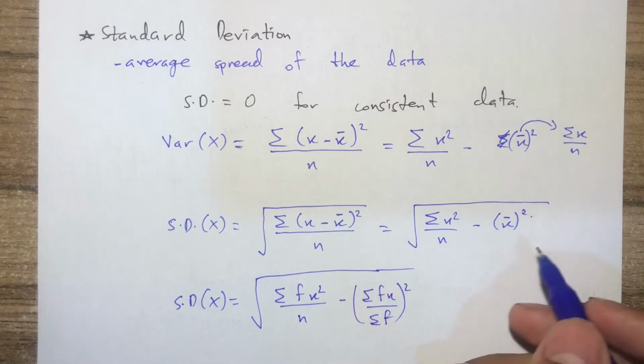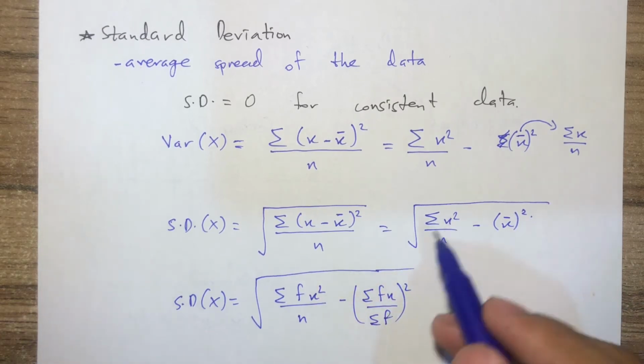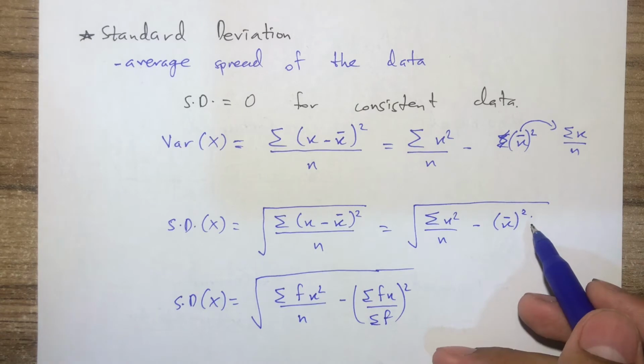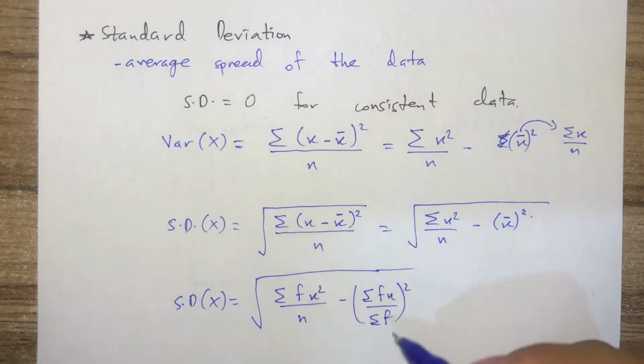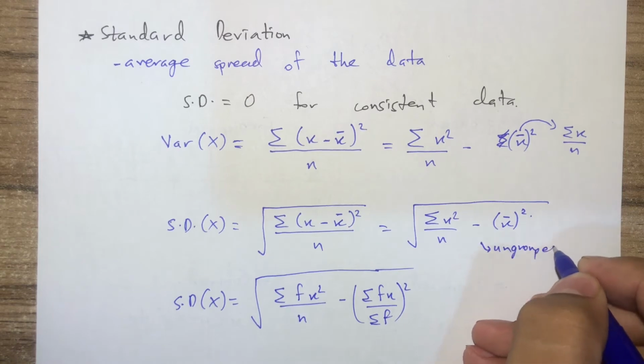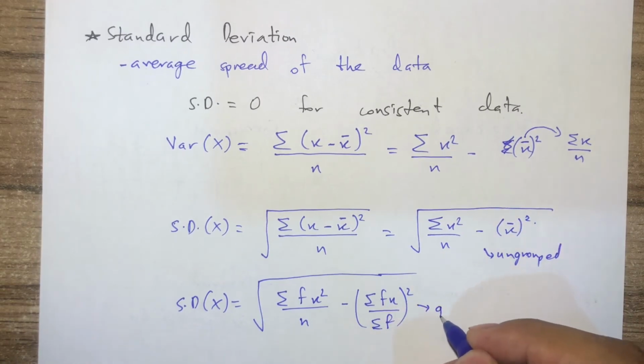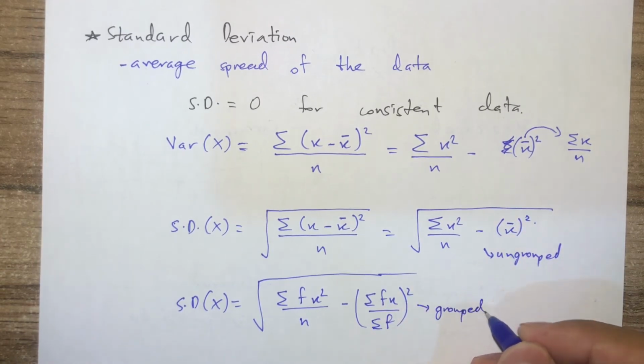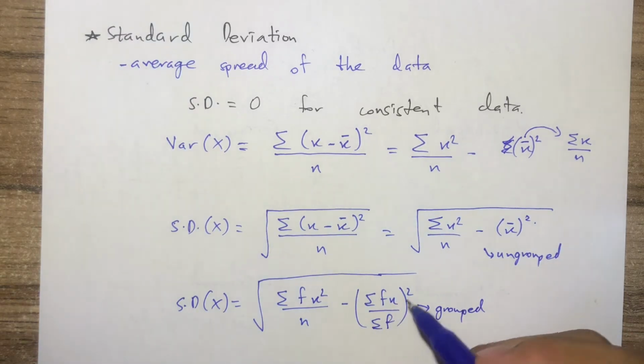So it's the same thing, just replacing x square by fx square and then the mean by the group data mean. So this is for ungrouped and this is for grouped, and then if you square this you'll get the formula for variance, and all of these three are given in MF19.